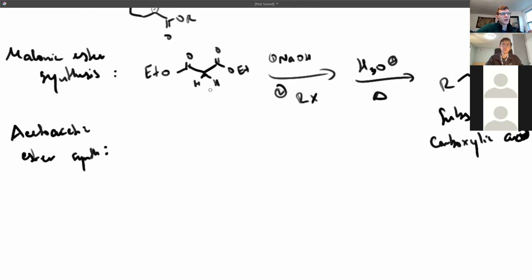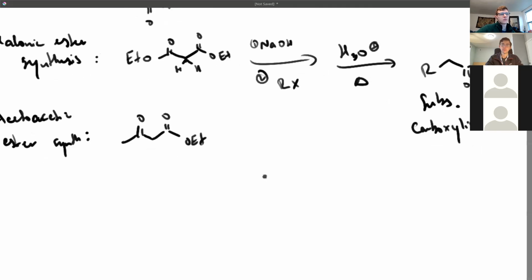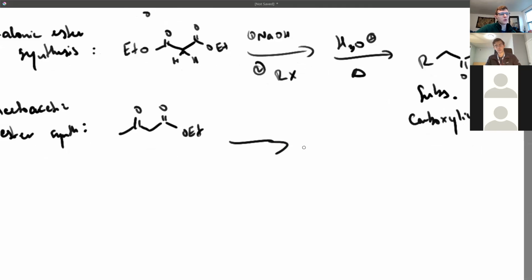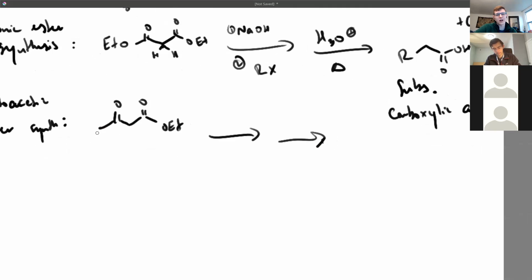And you just use a slight variation on this compound. So it's just on one side, there's just a methyl, right? And you use the same 2 steps. You could probably guess that the difference is that instead of a carboxylic acid, you get a methyl ketone. So there you go.